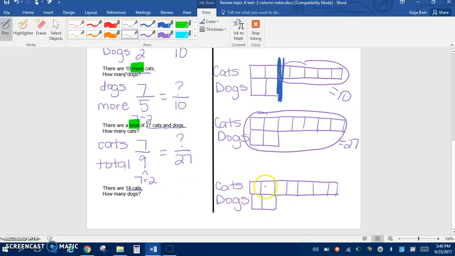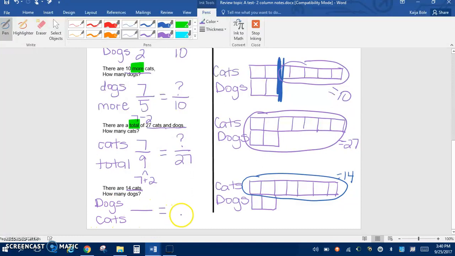It says there's 14 cats, so this time we are circling just the cats, and this equals 14. If we were doing the proportion, we would be comparing dogs and cats again, just like a normal one.